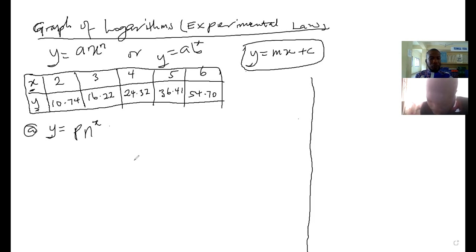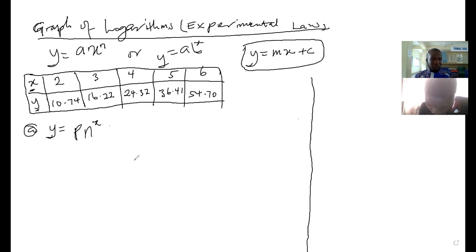Then C: use your graph to estimate correct to one decimal place the value of y for which x equals 3.5. All right. So I'm sure you have completed the table of values for our linear equation.